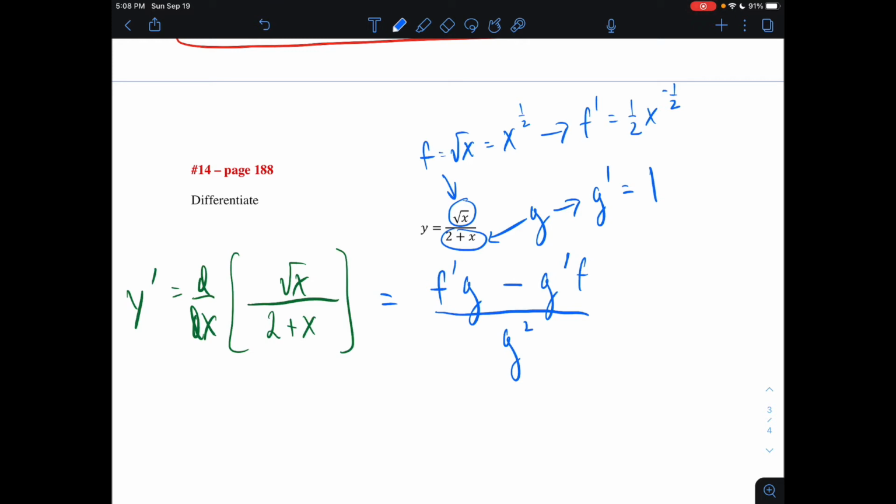Notice here we are focusing on the quotient rule, so I don't really need to be as laborious in showing my work for the sum rule. And also, we do want to start getting used to that the derivative of a linear function is just the slope of that line. So in this case, g prime really is just the number 1.